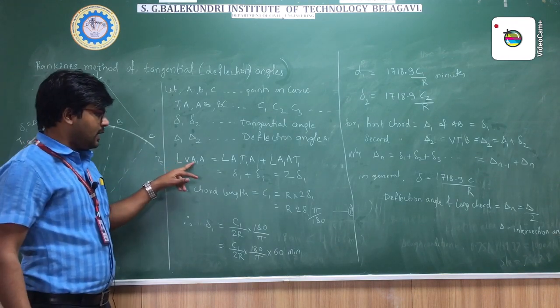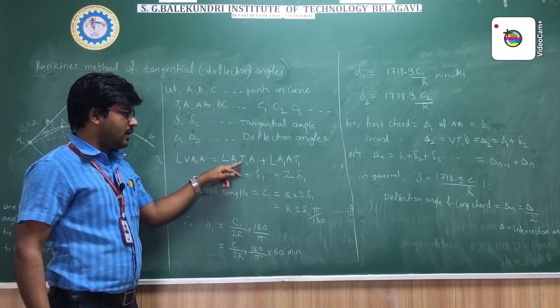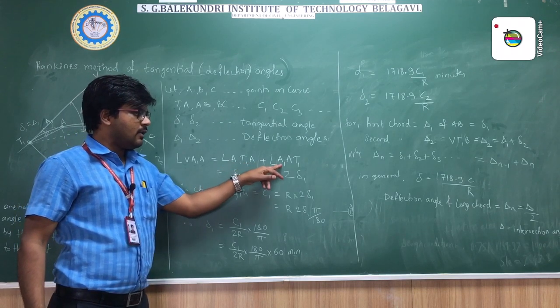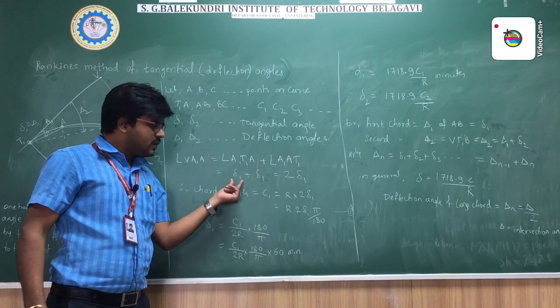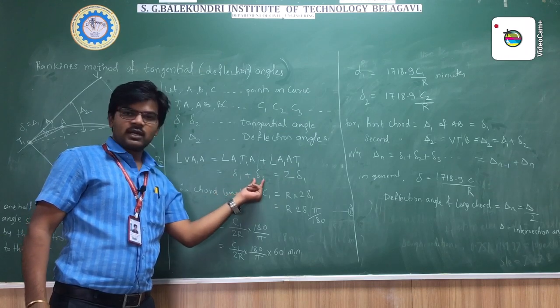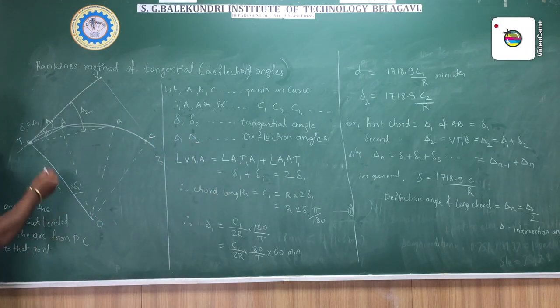So angle VA1A is equal to angle A1T1A plus angle A1AT1, which can be written as delta 1 plus delta 1. The angle A1T1A, with respect to one chord, is delta 1. On the other side, with respect to this chord, the angle A1AT1 is also considered as delta 1.